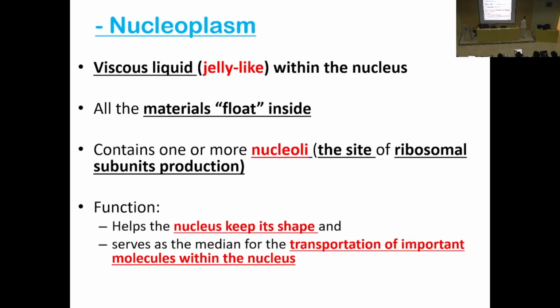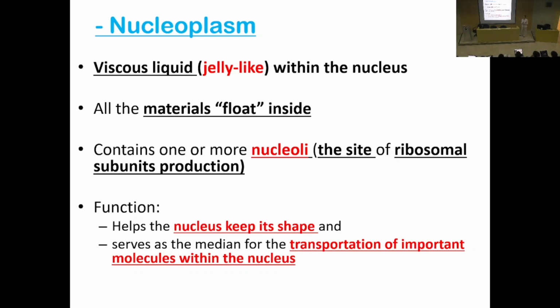All right. The second substructure of the nucleus we call the nucleoplasm. From its name, it resembles the cytoplasm. It is kind of the cytoplasm of the nucleus. All right, so it's liquid. It's a jelly-like structure, and it contains all the material, DNA and so on.